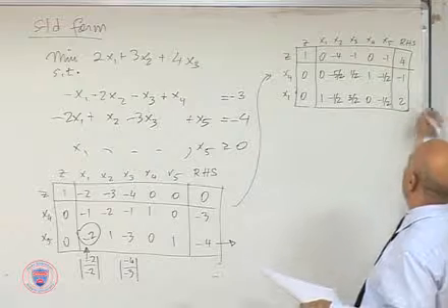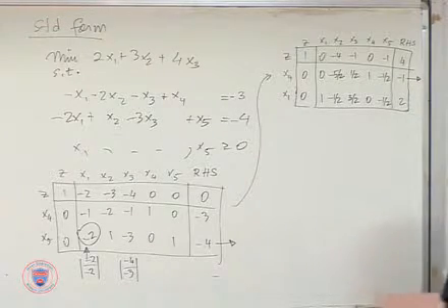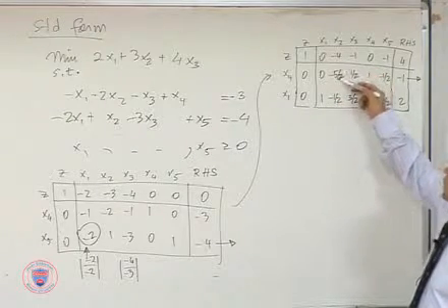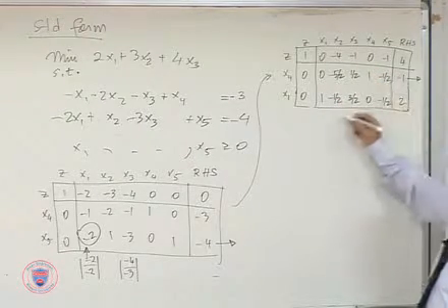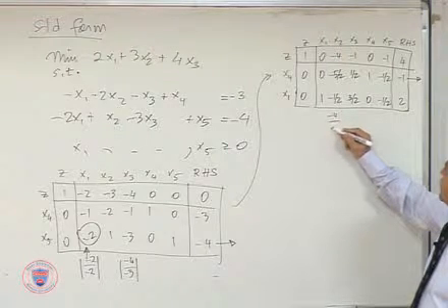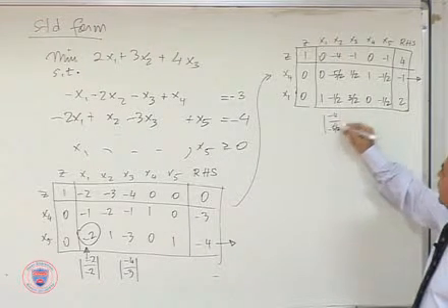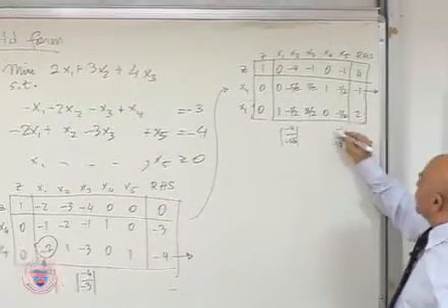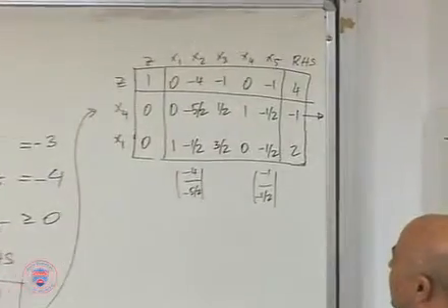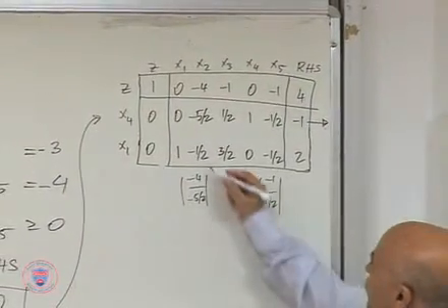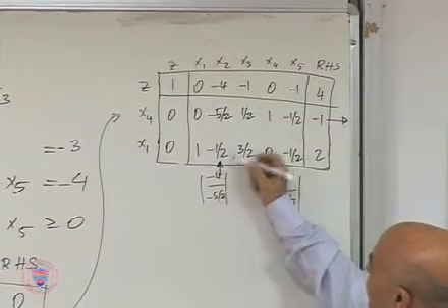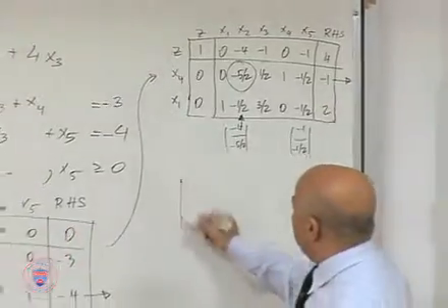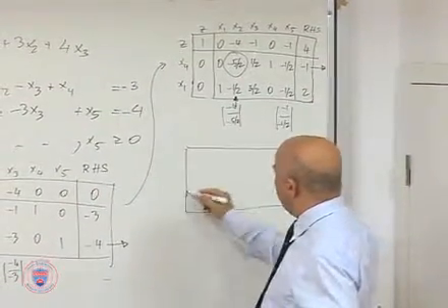All right, so at this point, I still have something to exit here, that negative, and I have two ratios, minus 4 divided by minus 5 halves, so let's just write them, minus 4, minus 5 over 2, and minus 1, minus 1 half. Which one is smallest here? X2 is smaller? Okay. So you pivot on that one. And we have a new solution now.